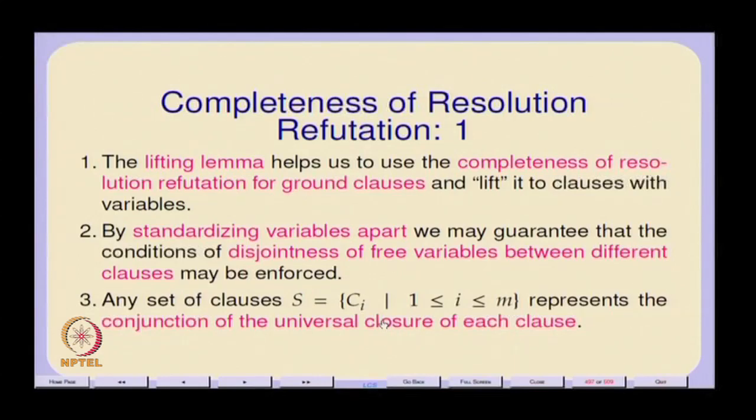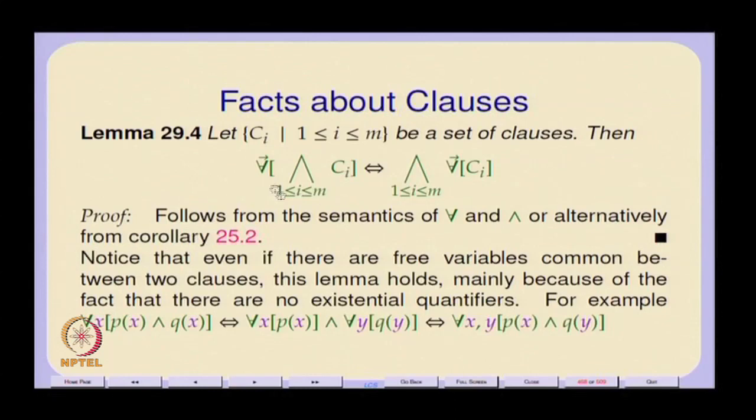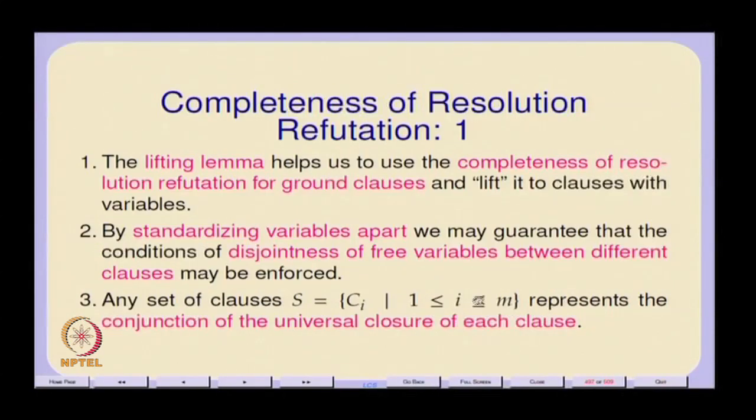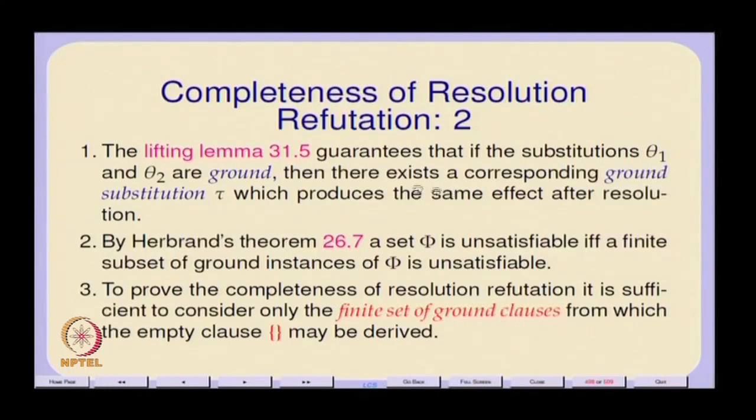One of the things we did was show that a set of clauses represents a universal closure of an AND of all the clauses, but that is equivalent to taking the universal closure of each clause separately, which will have a smaller number of variables, and taking a conjunction of that. We will use these. So, the Lifting lemma guarantees that if theta 1 and theta 2 are ground, then there exists a corresponding ground substitution tau, which will produce the same effect as the Lifting lemma.